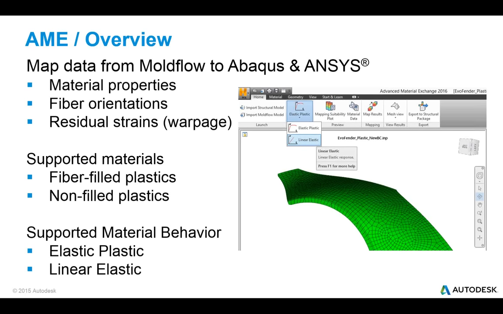But Mold Flow has all of the linear elastic material properties for that specific material. So now we can help users get started with Advanced Material Exchange by approximating material behavior as linear elastic, taking into account the fiber orientations, and allowing you to run those simulations while we get you up and going with nonlinear elastic plastic material behavior.